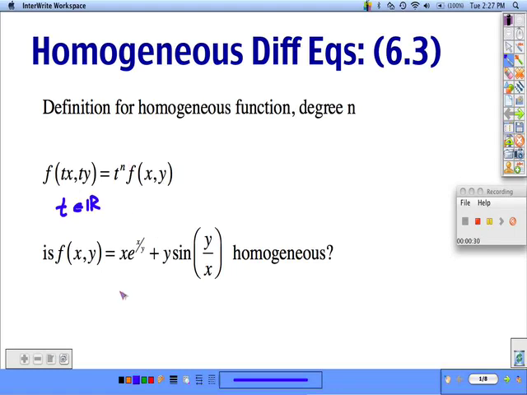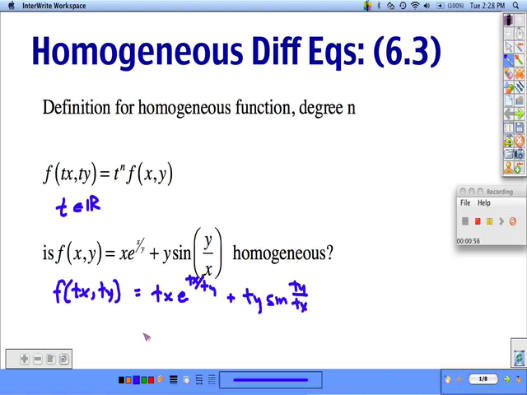So we're looking at, is this function homogeneous? To tell, we plug in and find f of tx, ty. So tx, e to the tx over ty plus ty sine ty over tx.